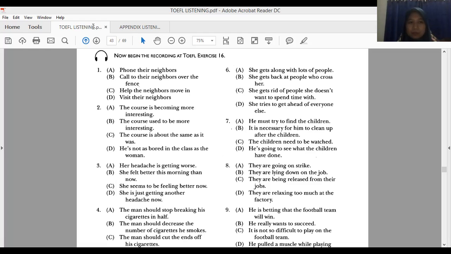According to the woman, what should they do? Number 2. You know, I'm really enjoying this class now. I am too. At first it was kind of boring, but now it's turning into something fascinating. What does the man mean?